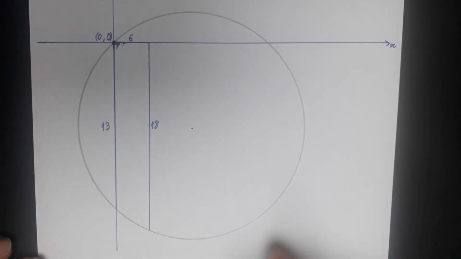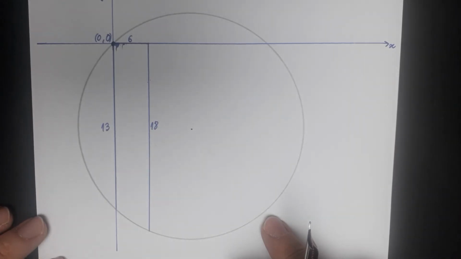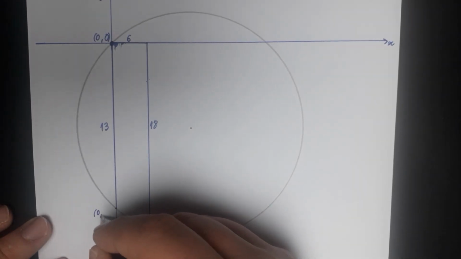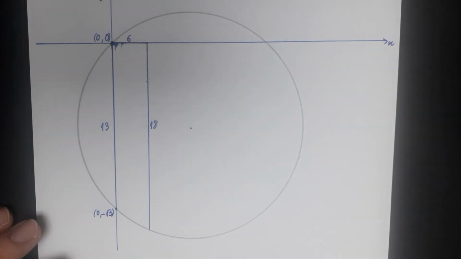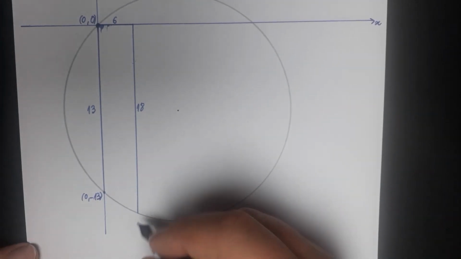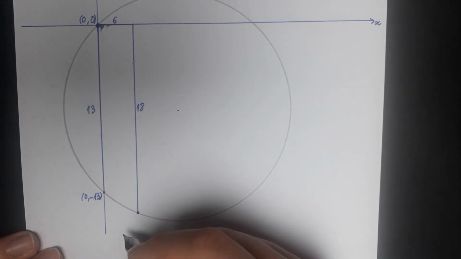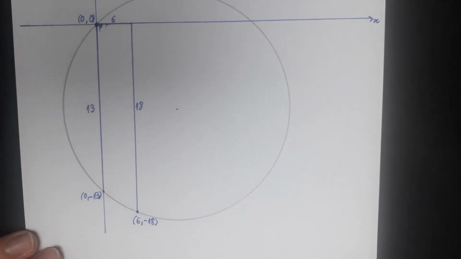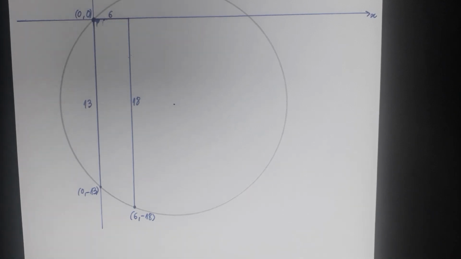As you can see, this circle which we are looking at goes through the origin. This dot, which has the coordinates 0 and negative 13, also is on the circle. This dot right here has the coordinates of 6 and negative 18, and it is also on the circle.